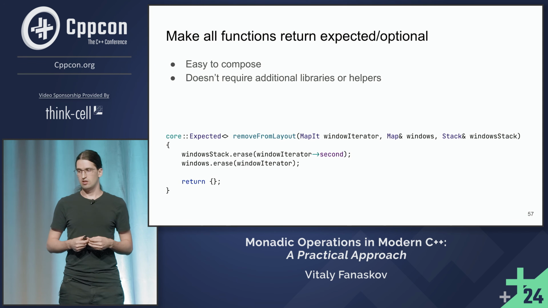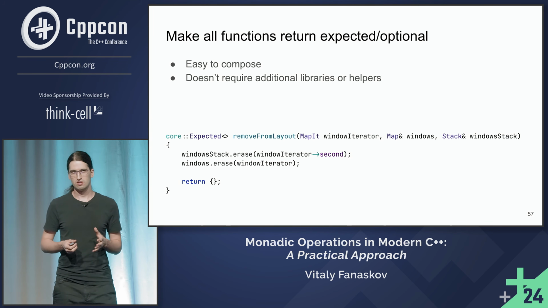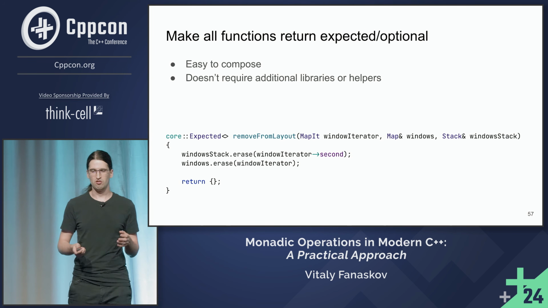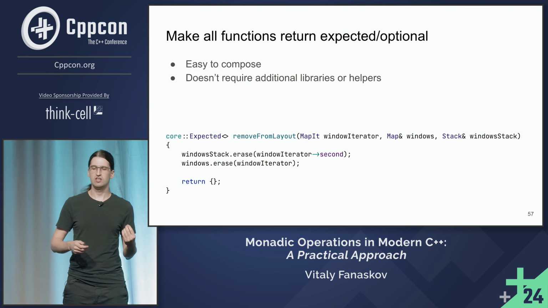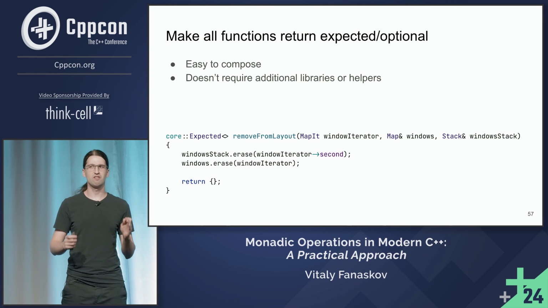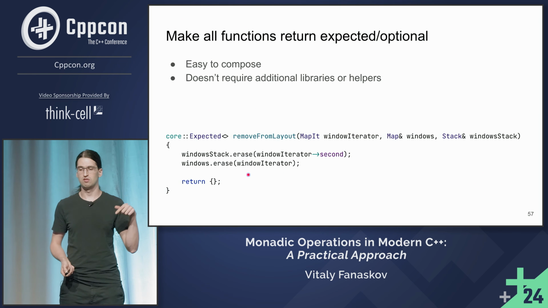So that's another tip, and it's rather interesting. At the beginning, you want to make all your functions return either expected or optional, even if it's not strictly required, even if it's redundant. Here I have some example functions that remove from the layout by iterator. We are erasing from the windows stack and from the windows map, which are keyed by IDs.